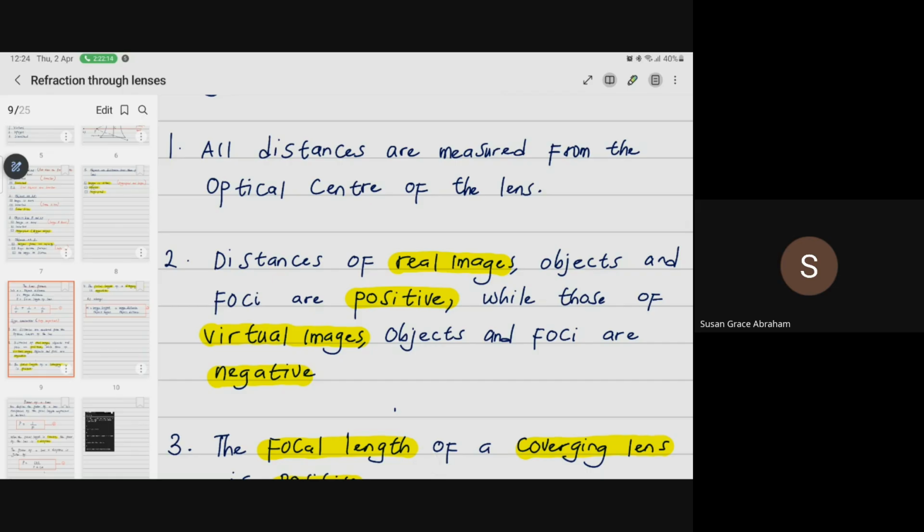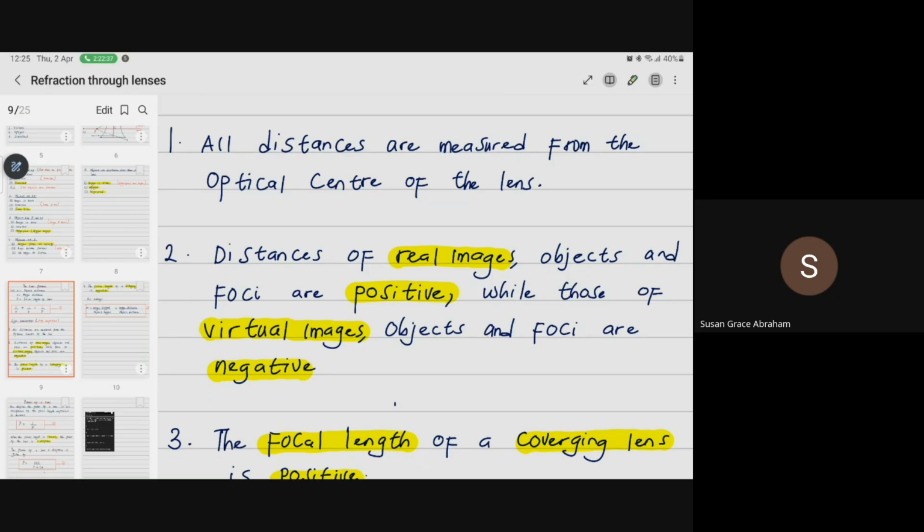Distances of real images, objects, and foci are positive, while those of virtual images, objects, and foci are negative. Did you hear that? Distances of real images, objects, and foci are positive, while those of virtual images, objects, and foci are negative.